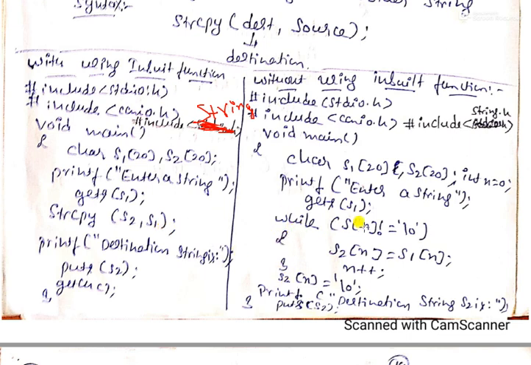So while s of n is not equal to the null character. You already know a string always ends with the null character. Until you reach the null character, you need to copy. So we have to copy the first array value of s1 to the first array value of s2, that is s1 of 0 to s2 of 0. Here this one is actually s1, correct.